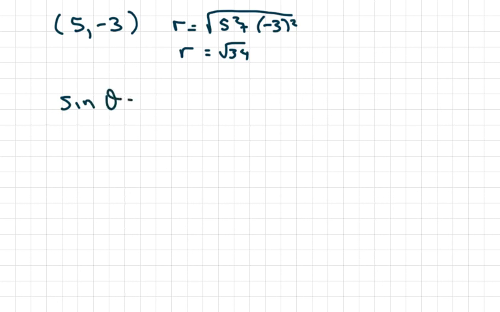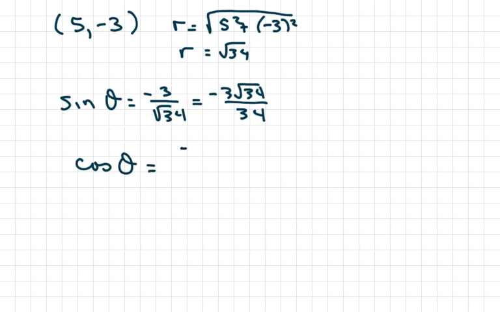Sine of theta equals negative 3 over square root of 34. When you rationalize the denominator, you get negative 3 square root of 34 over 34. Cosine of theta is with your x, and that's going to be 5 square root of 34 over 34.